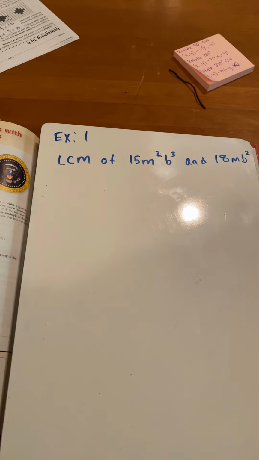So if you recall from at least pre-algebra, the way that you find the least common multiple differs from your greatest common factor. For your least common multiple, you need to factor it down to its prime numbers, and then you need to list out every unique term, and then you have to list it to the greatest exponent present.